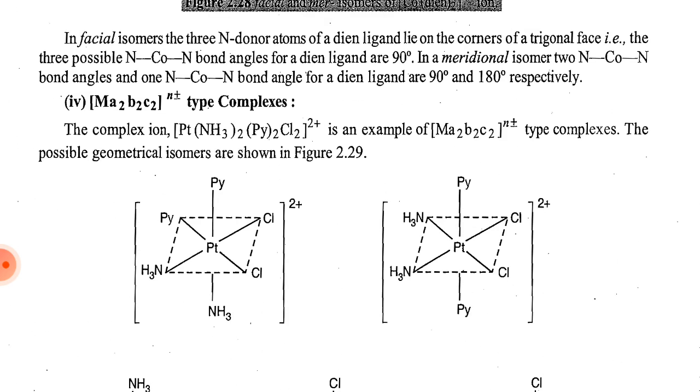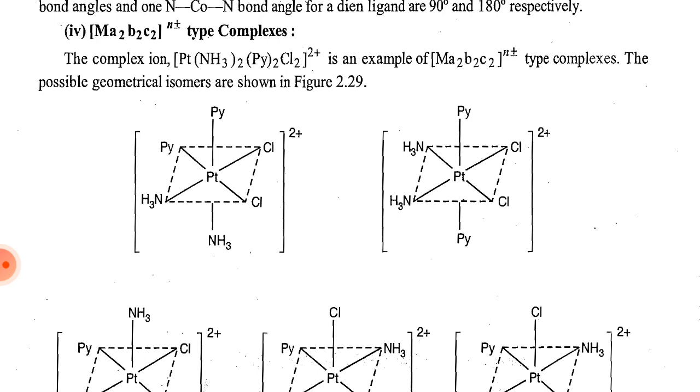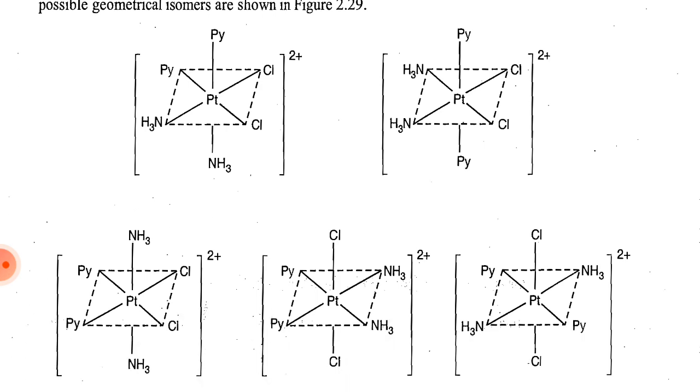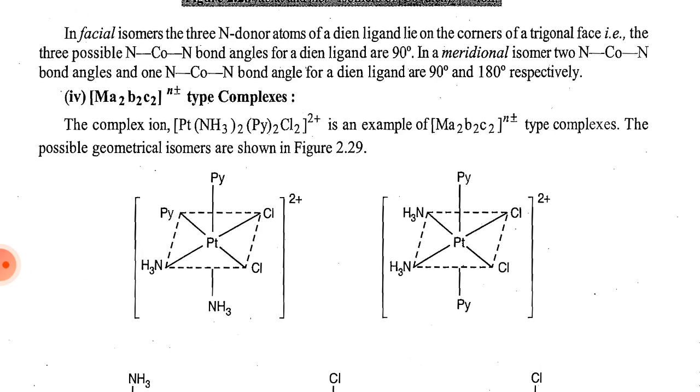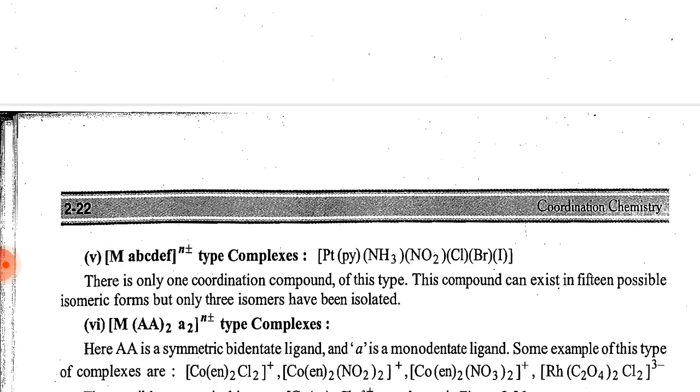So in this Ma2b2c2, there are 3 different kinds of ligands, and they are in the ratio of 2. So it shows 5 possible isomers.